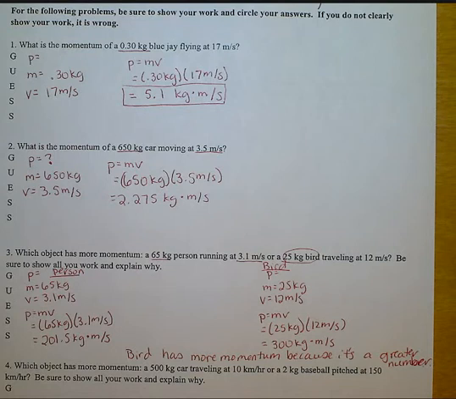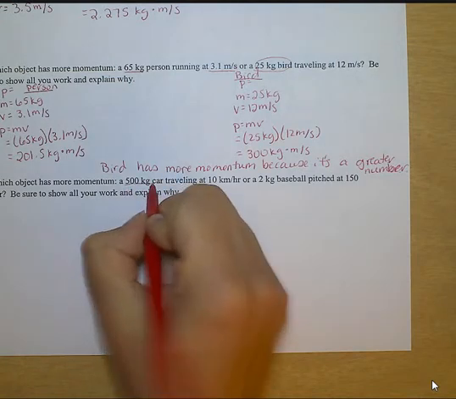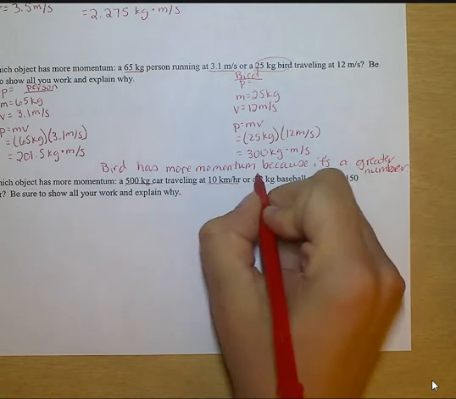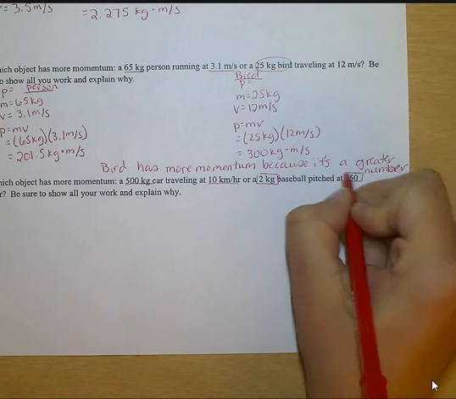All right, number 4. Excuse me. Which object has more momentum? A 500 kilogram car traveling at 10 kilometers per hour, or a 2 kilogram baseball pitched at 150 kilometers per hour?